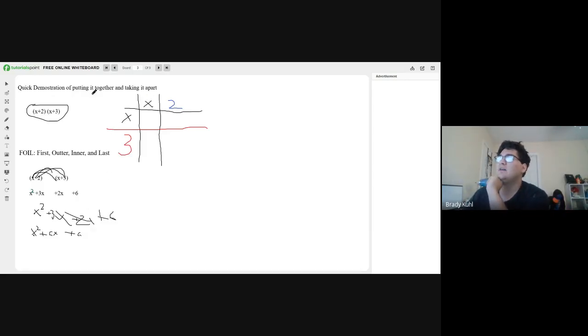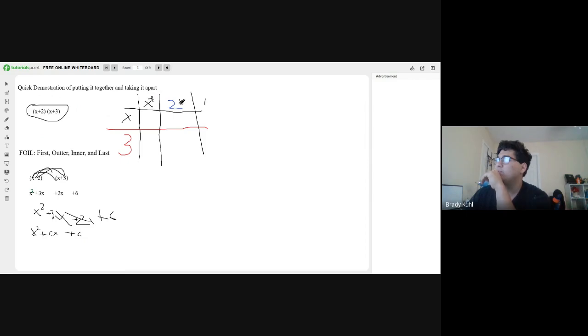Quick demonstration of putting it together in box form. This is another method you can do if you're more visual. Obviously, if you get another coefficient like x squared, you add another row, but we're not going to be doing that part. We're just going to do the basic, so ignore this.